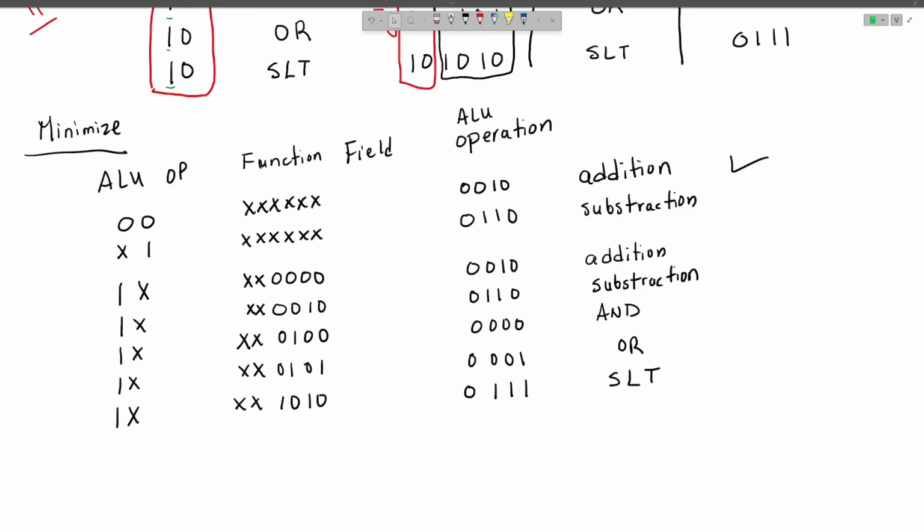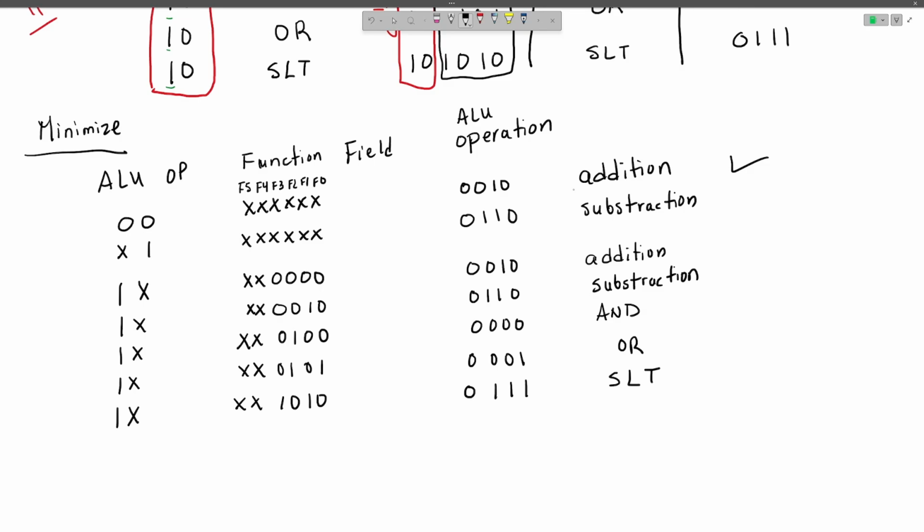Now that we have derived this minimized table, we're able to derive our outputs. So let's say this is F5, F4, F3, F2, F1, F0. We got 6 outputs here.